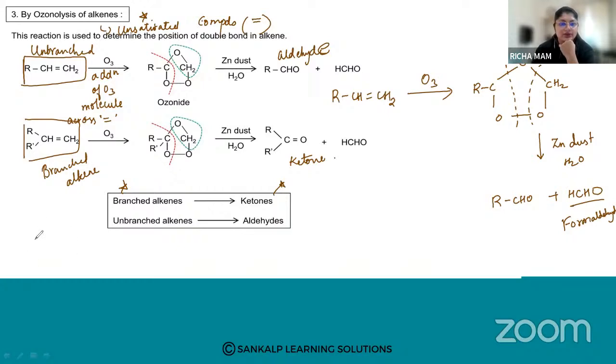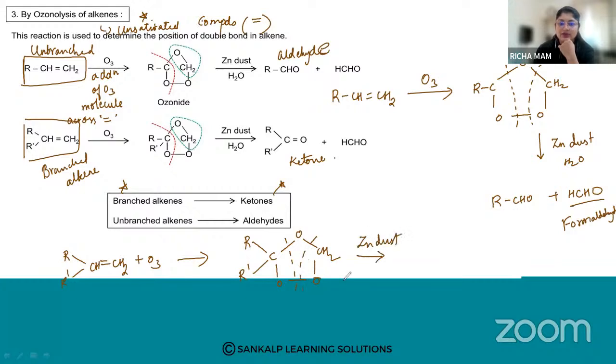Okay, fine. So we'll see it for a ketone if you want. So how it is: R, double bond, R dash, and CH2. Across this double bond, the rest of the things will remain the same. You have to write the rest the same. Only across the double bond, where the double bond is present, the breaking will take place.